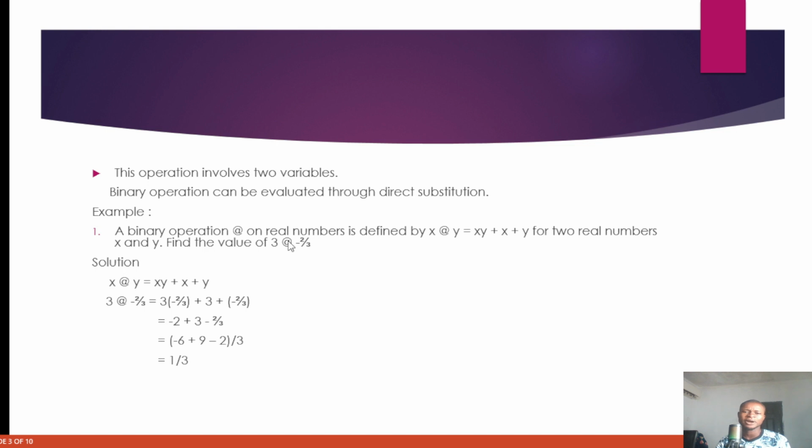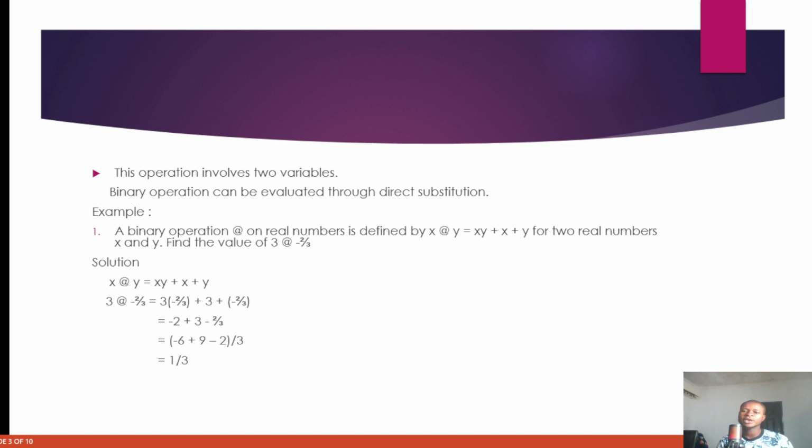For the first example, we say that a binary operation @ on real numbers is defined by x @ y, and the definition of this binary operation is xy + x + y for two real numbers x and y. Which means that x and y are actual real numbers.